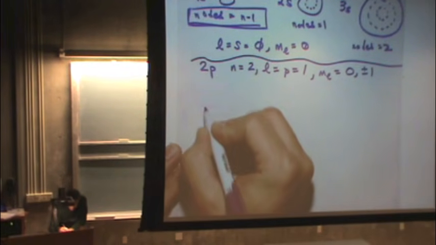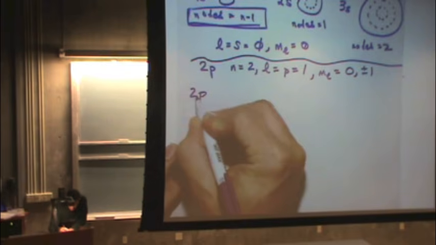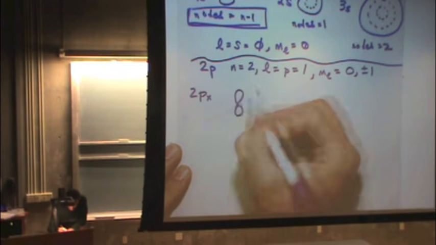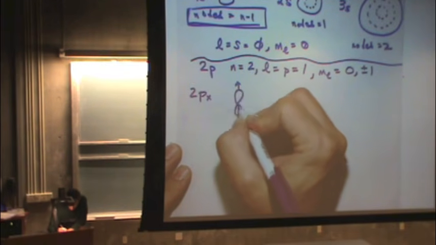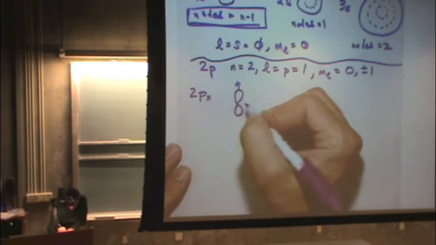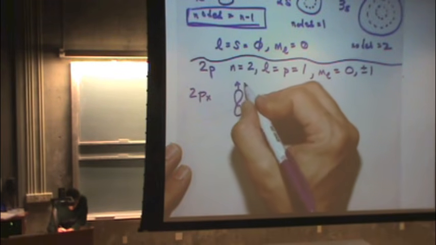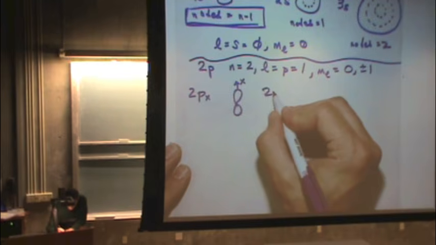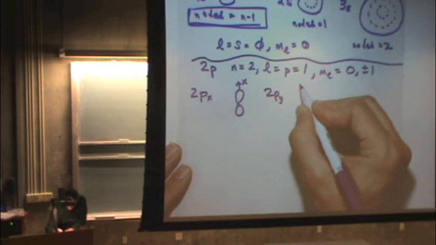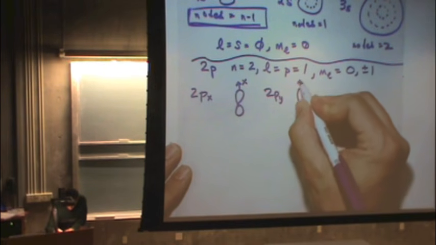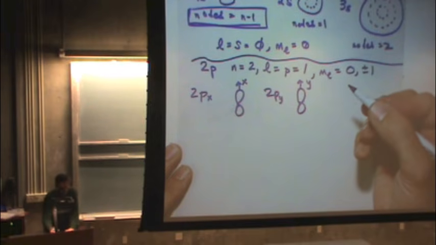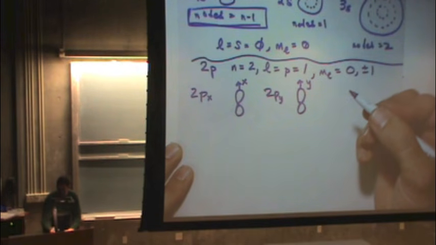So there's 3 p orbitals. There's the 2px, which is this thing, whatever you want to call it, 2-leaf clover or dumbbell or whatever, on the x-axis. There's a 2py, which is the same thing, but it's on the y-axis. And just for convenience, I put the axis wherever is convenient. Okay.